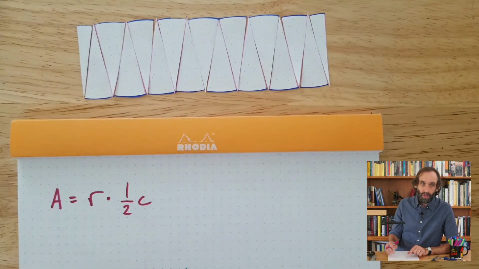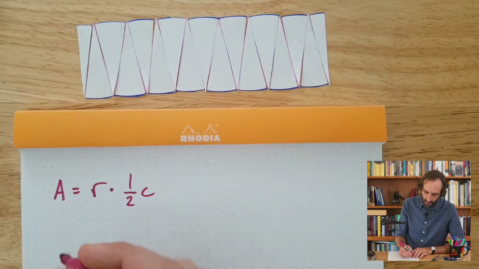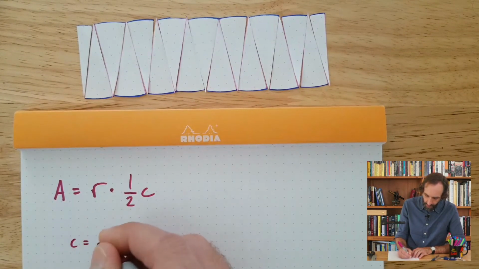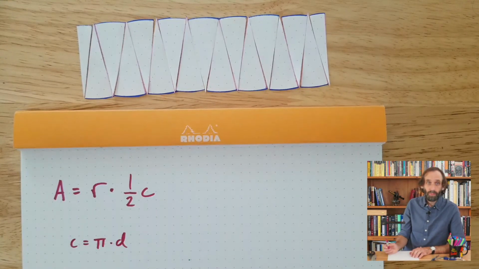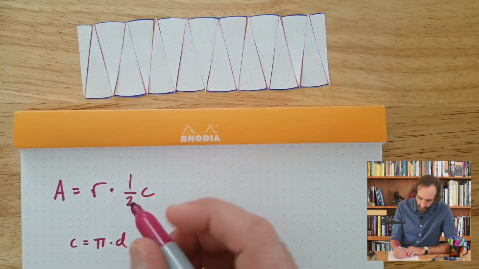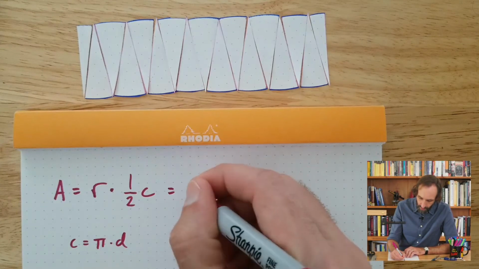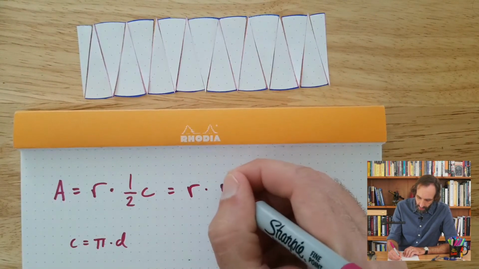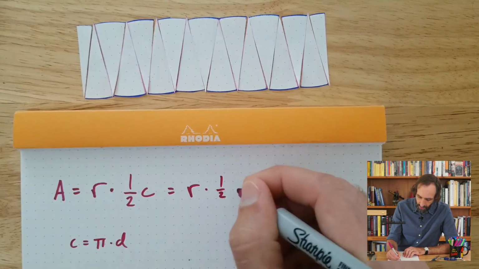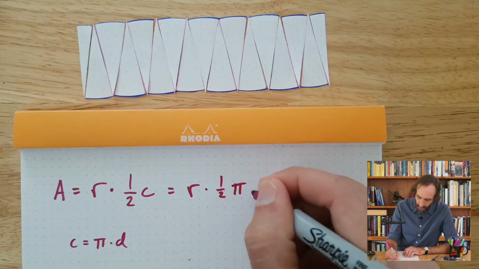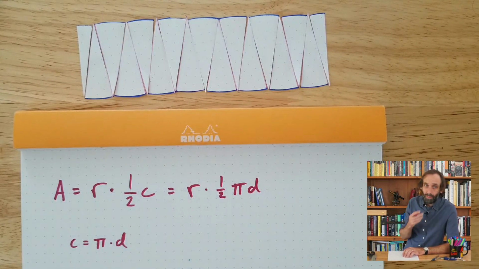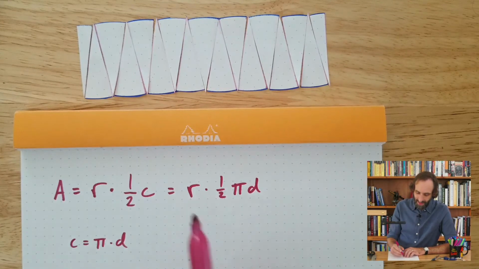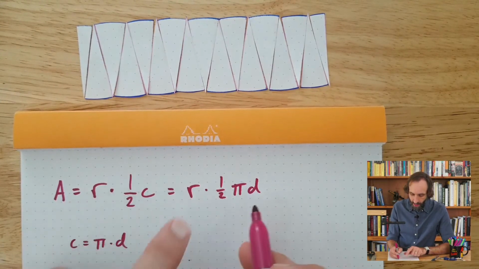So we know that the circumference is equal to pi times the diameter, right? So what if instead we say, okay, r times 1/2 pi d? Well, that doesn't really solve our problem, right? Instead of having r and c, we have r and d.